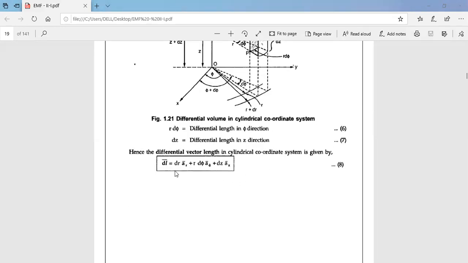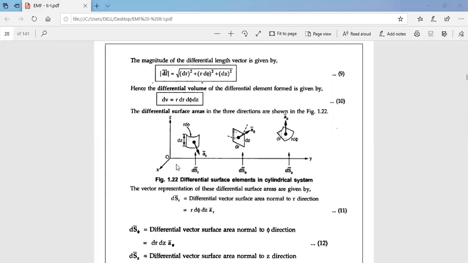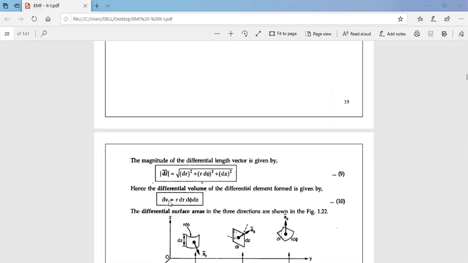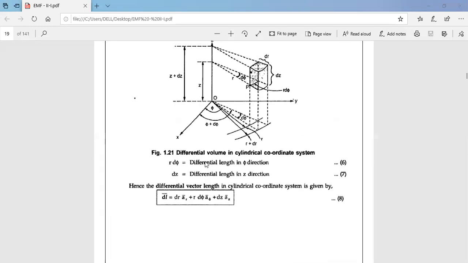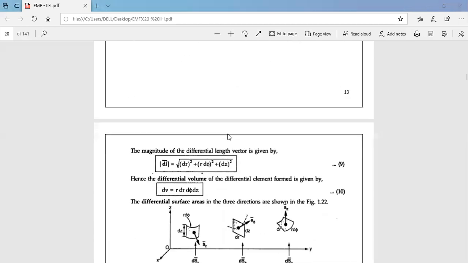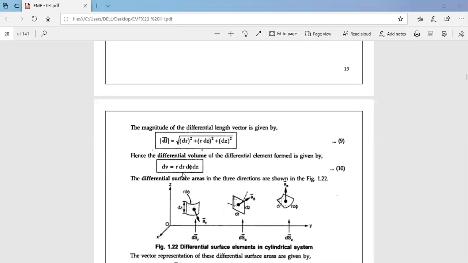So dv is dr, r d phi, times dz. One length would be dr, the other would be r d phi, so you just move the r out there, and that's your dz.